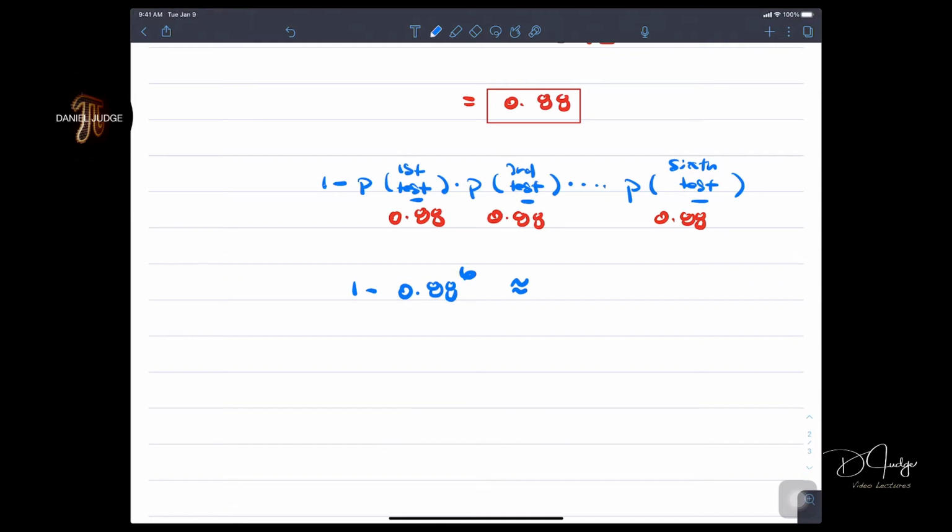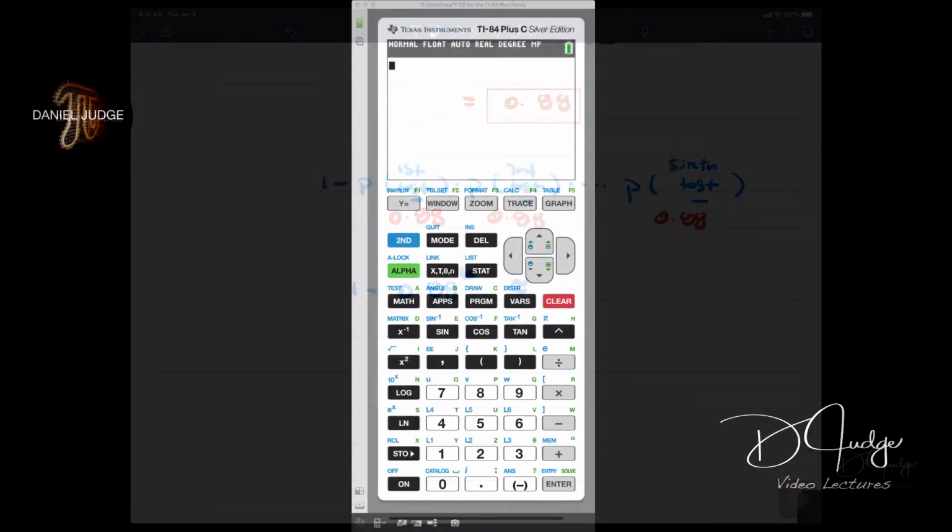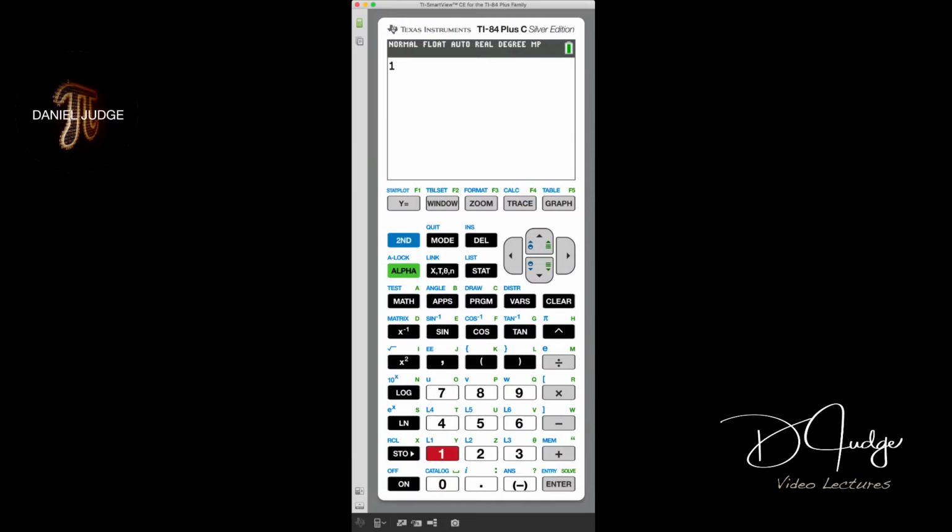So this is how we answer the question. So we're going to get the TI now, and we're going to try to find this answer here. You say 1 minus 0.88 raised to the 6th power. And if we go out to the nearest 10,000ths, 4 decimal places, the answer is going to be 0.5356.